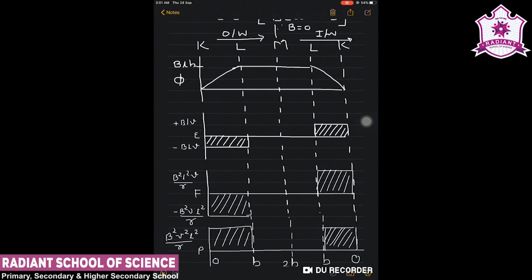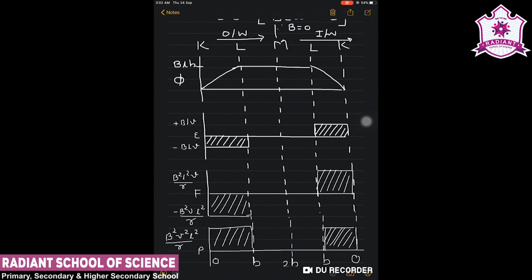In the same condition from 2b to b, there is no magnetic field and no EMF is induced, but when it enters from b to 0, we have a positive BLV EMF. In the same manner, force is also defined for the region between 0 to b or b to 0, and it is 0 from b to 2b and 2b to b.